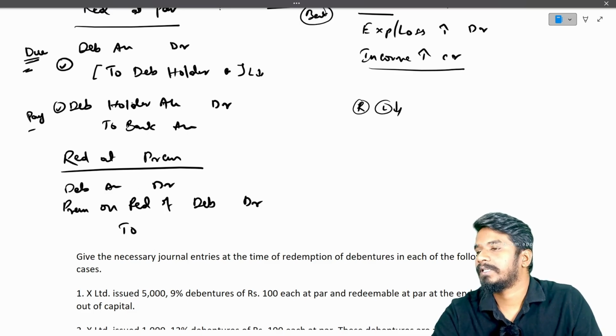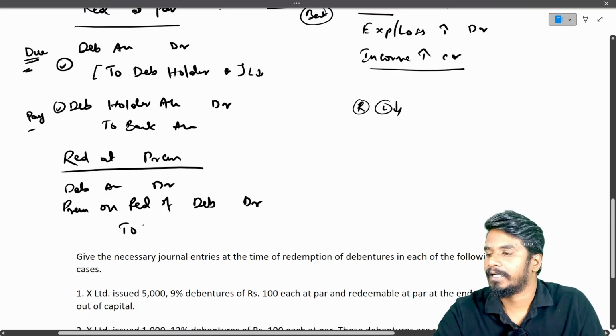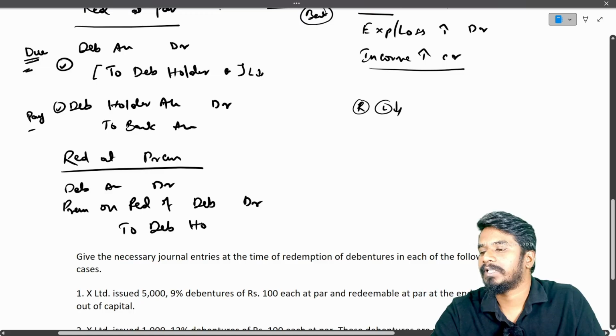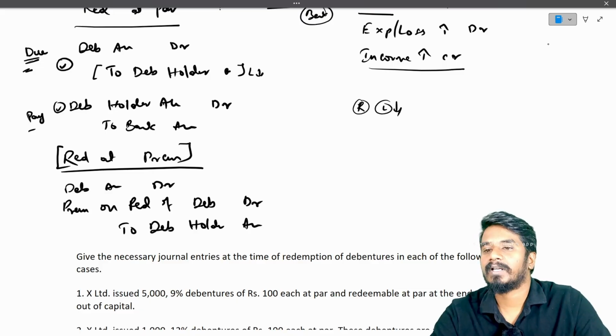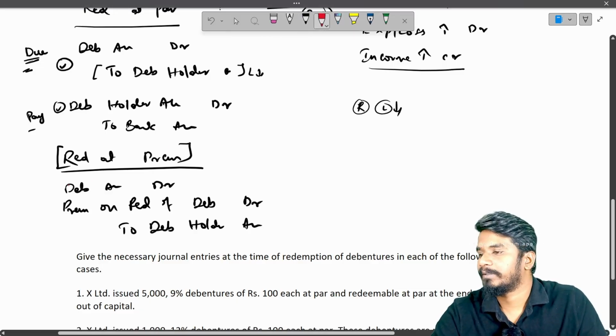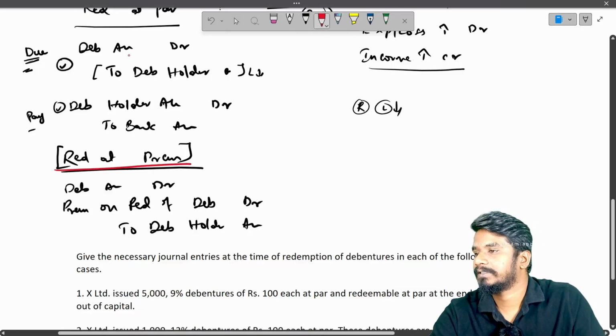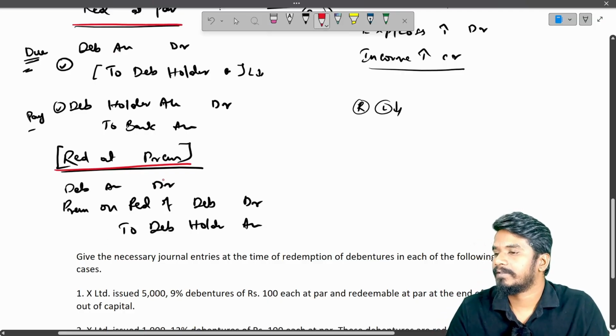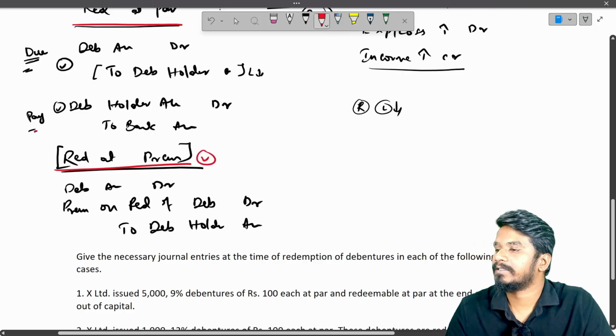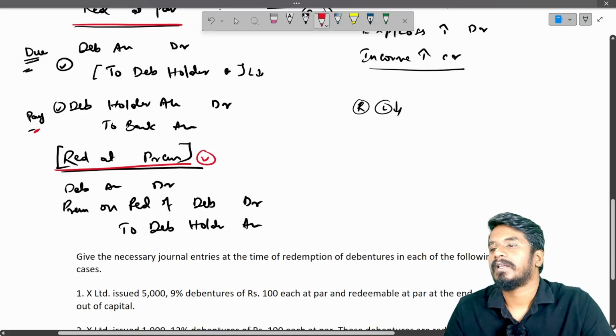Now obviously the debenture holder account will get credited. So this is for par, and this is for premium. The bank entry, that is the payment entry, is the same.